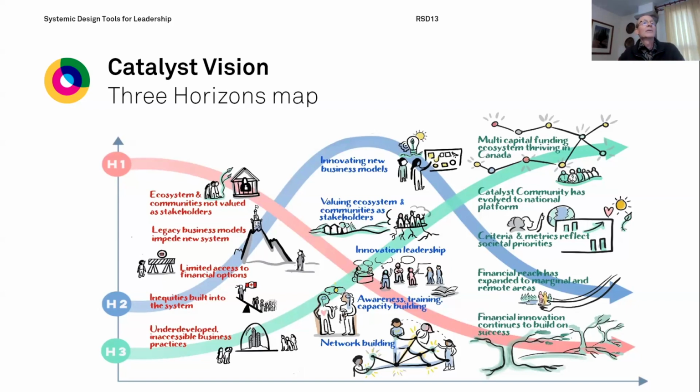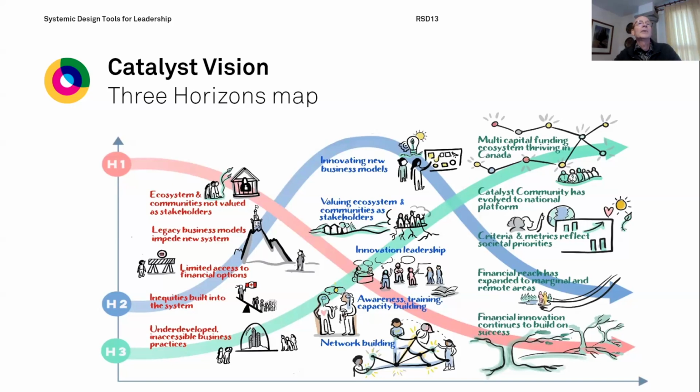It will be part of Horizon 2, creating those and testing them over this curve up to the next 5 to 10 years, evaluating the ecosystems and communities across the provinces as stakeholders themselves, developing capacity through innovation leadership, and then into Horizon 3, multi-capital funding, and an ecosystem for beyond even financial capital, and different types of funding, valuing the ecosystem itself, right? Social capital, community capital.